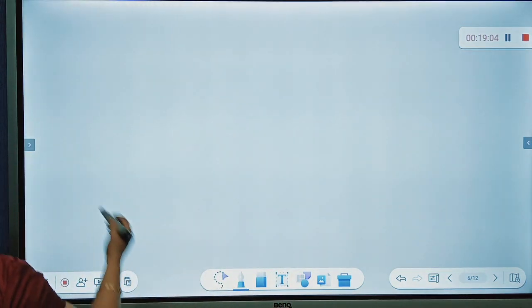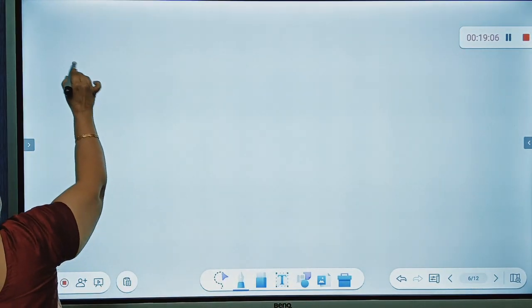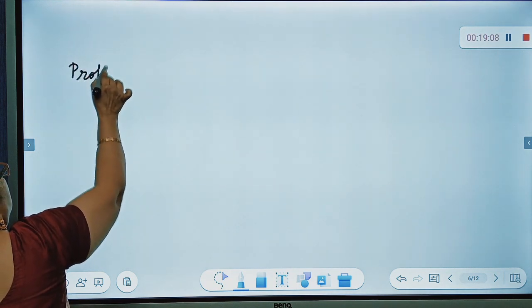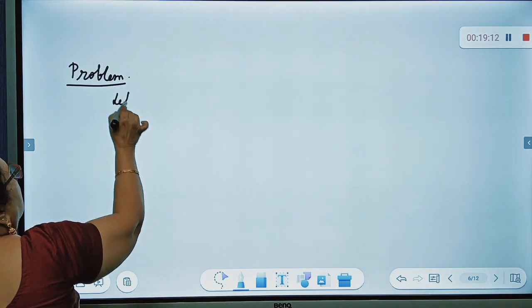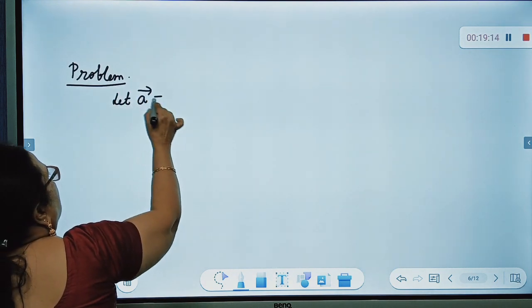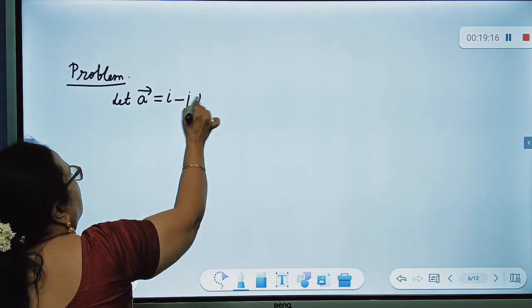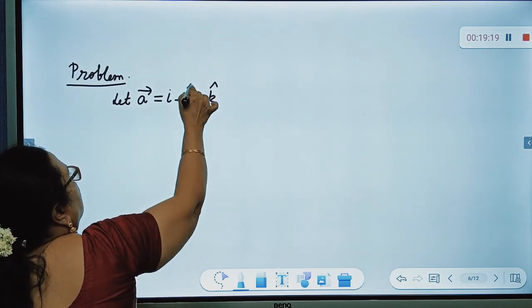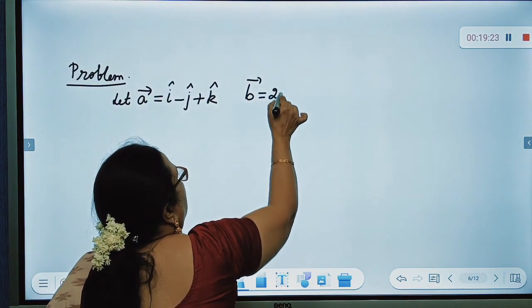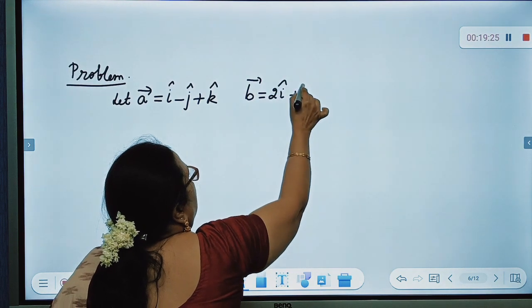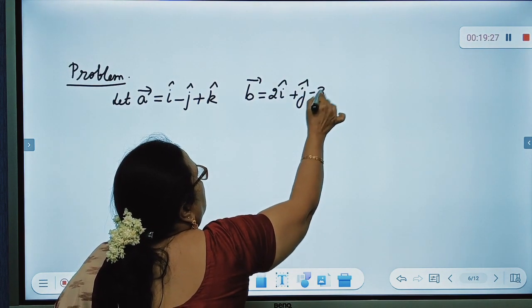Let's look at one more problem. Let A vector be i minus j plus k and B vector be 2i plus j minus 3k.